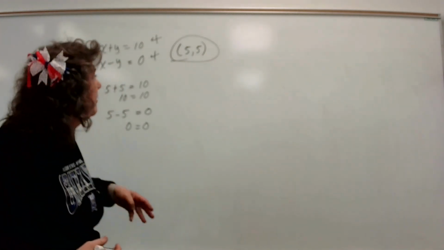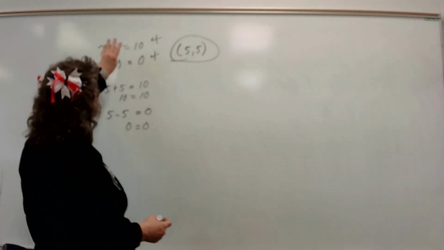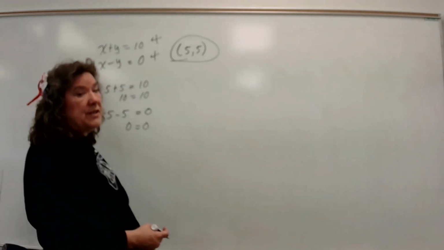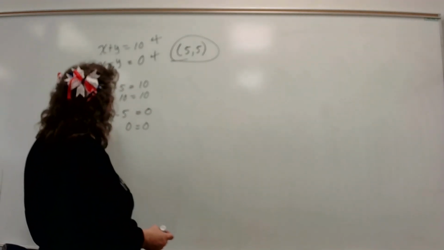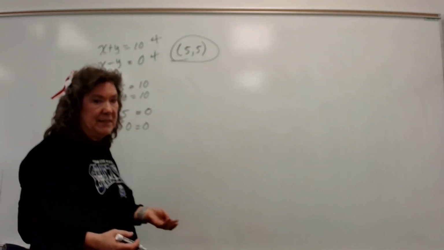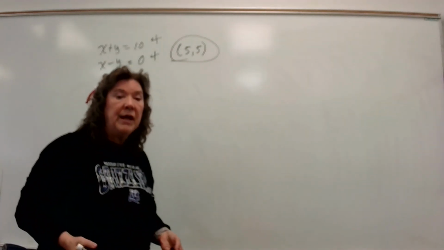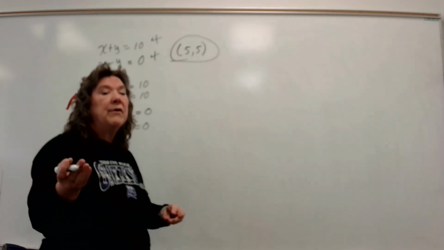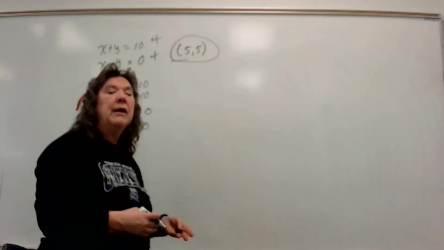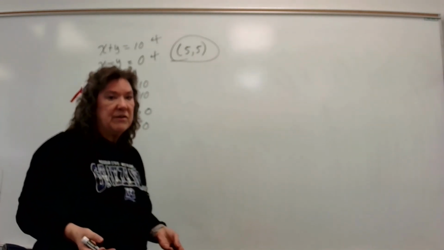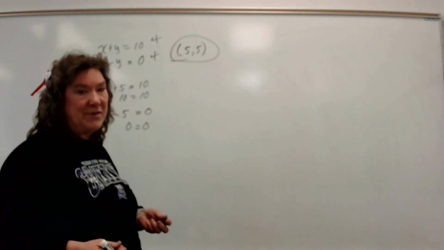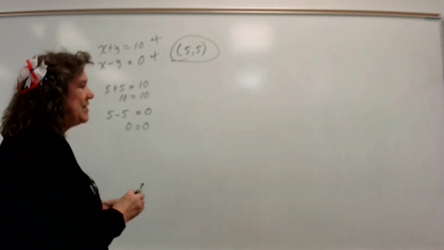We can look at it from an ordered pair, substitute it into each of the equations, and find out if it produces true statements. Again, using those same principles that you've already learned, how to substitute an ordered pair into your x and your y, and find out if it's true or false. So it's a good thing to know how to do that, because you can use it again.